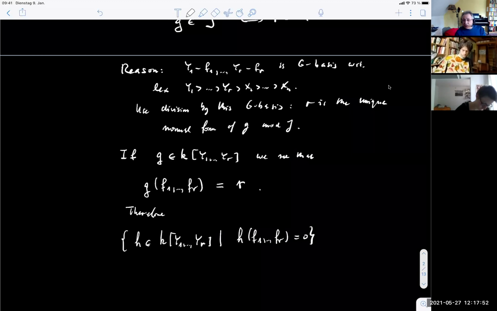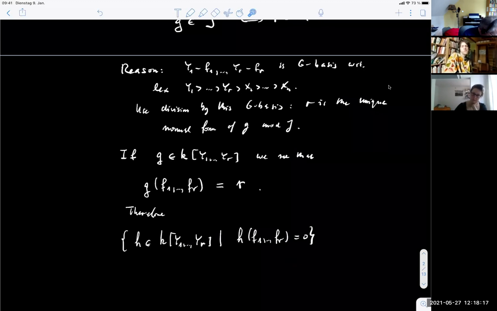Such an h is called a polynomial relation. It's a relation between the f's. Think of, for instance, if f would be a linear polynomial, then this would express a linear relation. Okay, good, that you know from linear algebra. But here we have also nonlinear relations. For instance, we could have f1 squared plus f2 equals 0 or something like that.